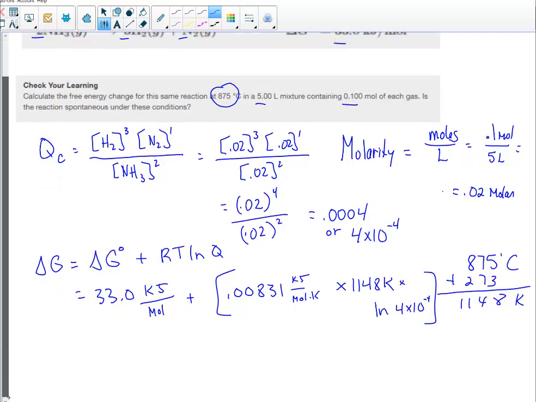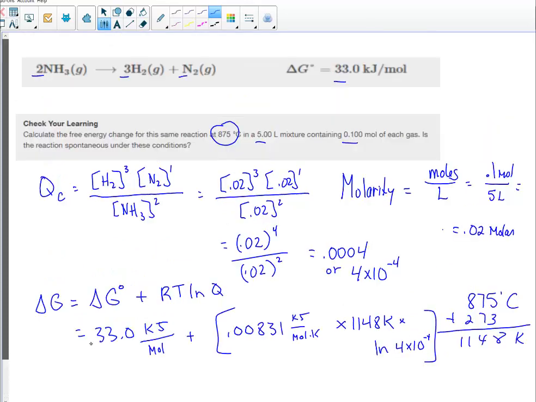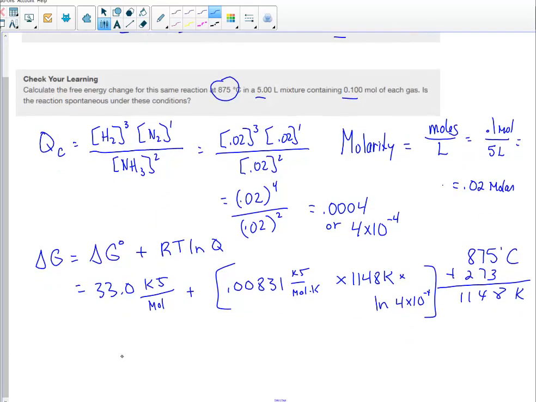Now I just like to simplify RT ln Q first, so the math becomes a little easier to manage. So I have 33.0 kilojoules per mole plus RT ln Q: 0.00831 times 1148 times the natural log of 0.0004. And that comes out to be negative 74.64 kilojoules per mole.